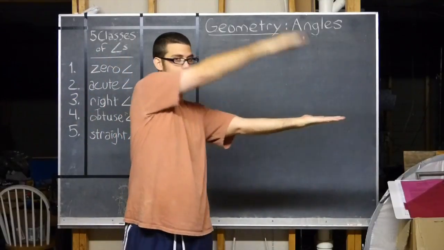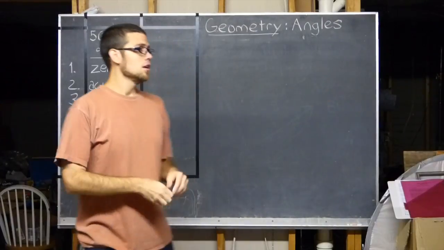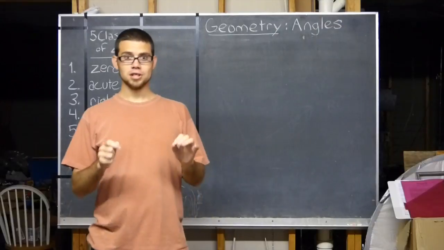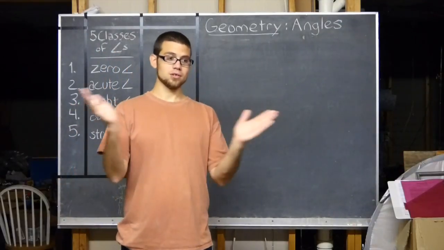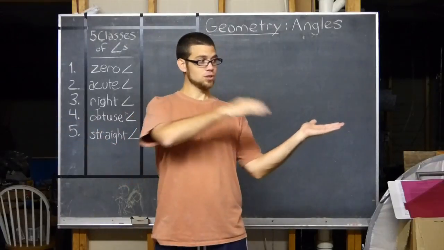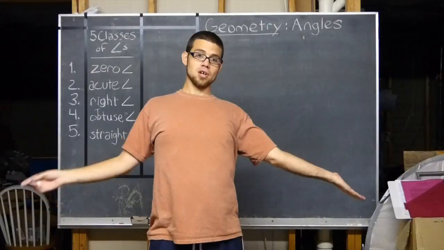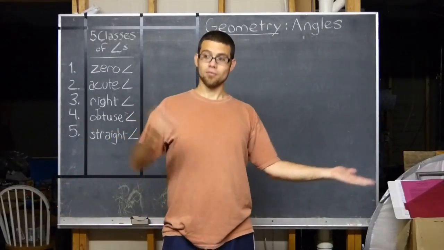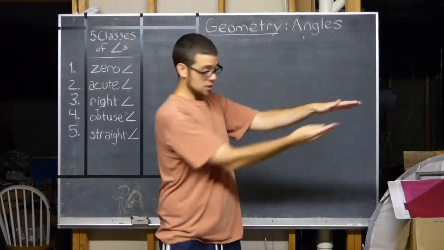There are larger angles, but in planar geometry, in Euclidean geometry, we only talk about the angles from 0 to 180 degrees, and once they go past 180 degrees, we measure the smaller side again, so it goes back down from 180 degrees back to 0.